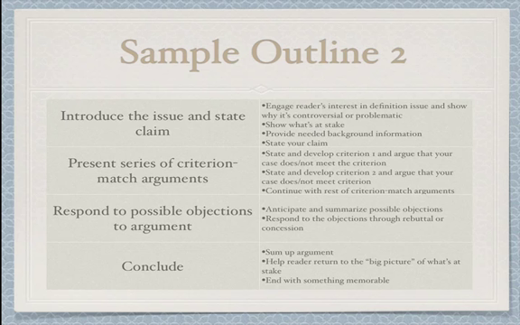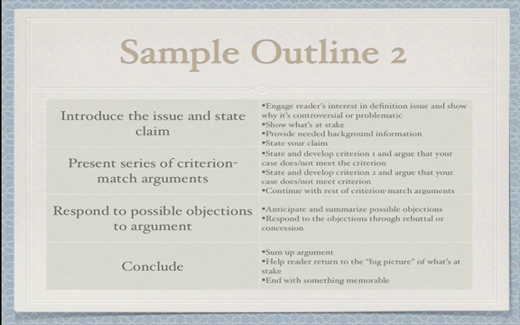Now, as I mentioned, this isn't set in stone. You do not have to follow either one of these models, but if you're really stuck, it might be a good way to start out. Some people's paper is not going to be as heavily explicitly focused on criteria. Other people's will be heavily and explicitly focused on criteria.